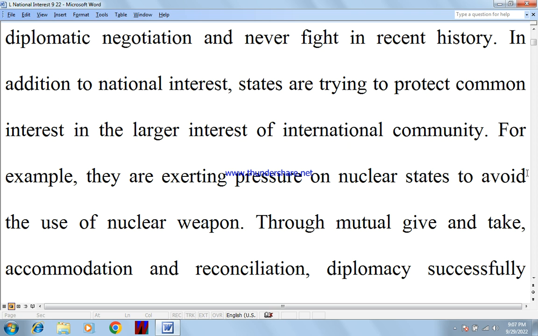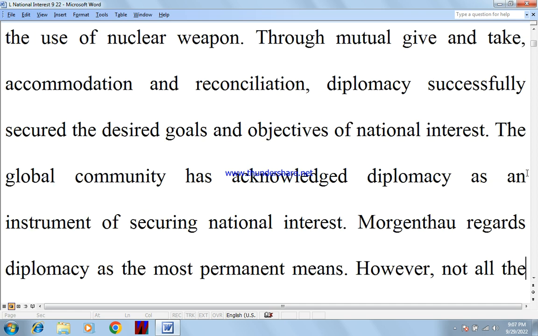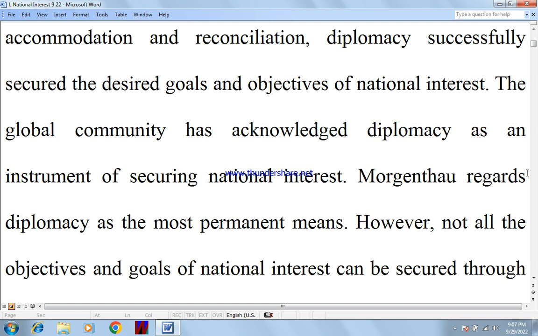In addition to national interest, states are trying to protect common interest in the larger interest of the international community. For example, they are exerting pressure on nuclear states to avoid the use of nuclear weapons through mutual give and take, accommodation, and reconciliation.